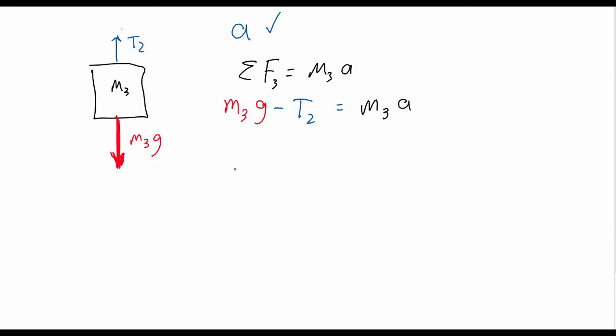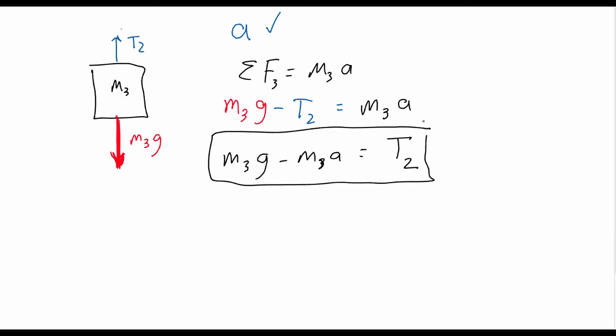And there we go. Same thing as before. You will just find M3G minus M3A equal to T2. And there you go. We have now found all the tensions and the acceleration.